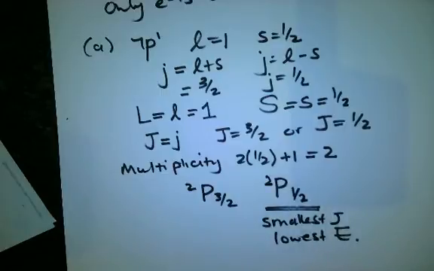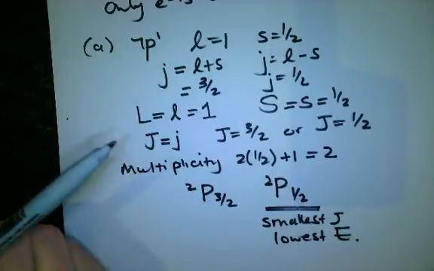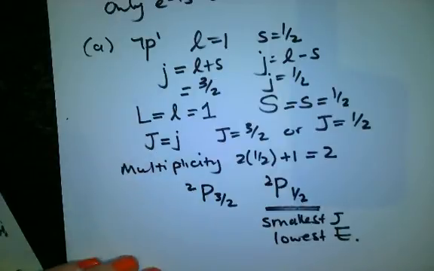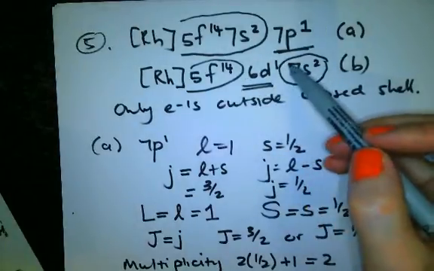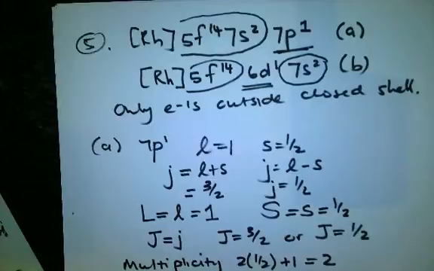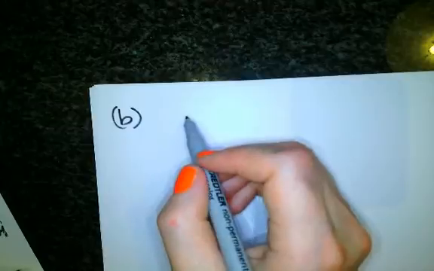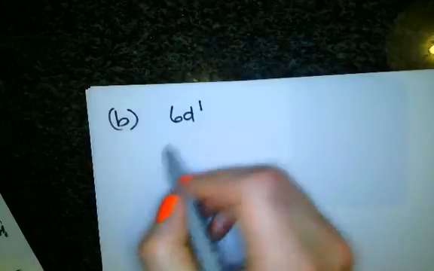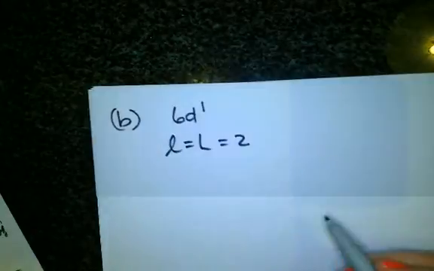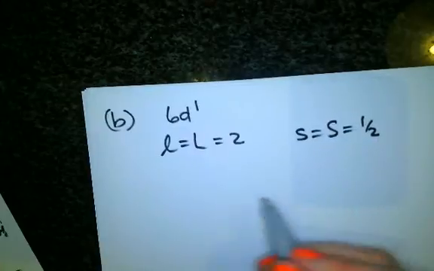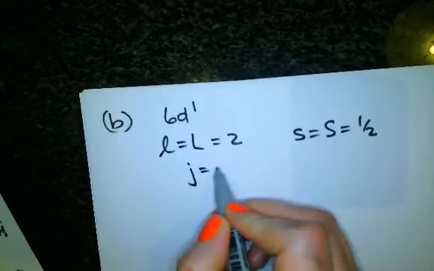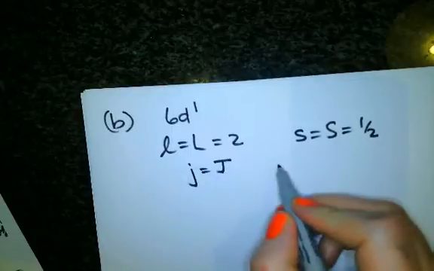Now let's do the same for the second configuration. Here we have to consider the 6d electron. So for the B configuration, we have 6d1. Again, it's a one electron system, so things are simple. l is equal to 2, s is equal to a half. j could be l plus s or l minus s.